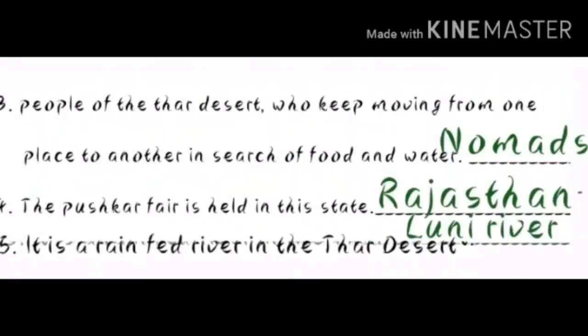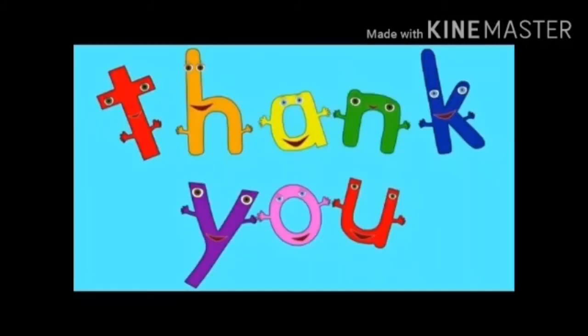People of the Thar Desert who keep moving from one place to another in search of food and water. Nomads. Fourth one. The Buskar Fair is held in this state, Rajasthan. Fifth one. It is a rain-fed river in the Thar Desert. Luni River. Thank you.